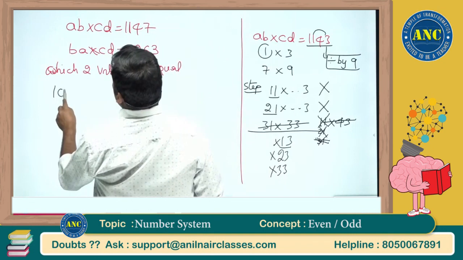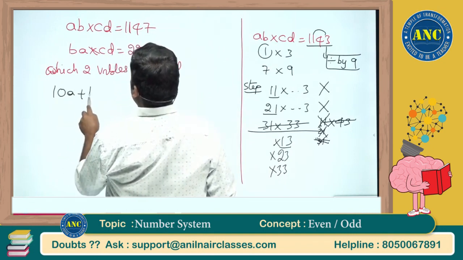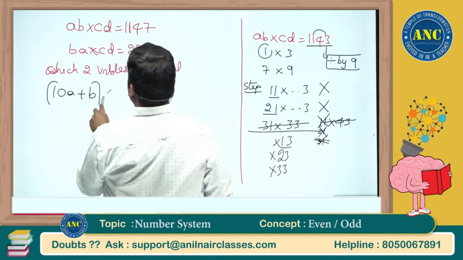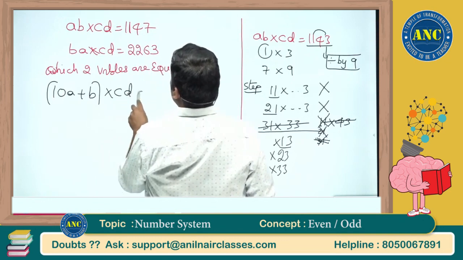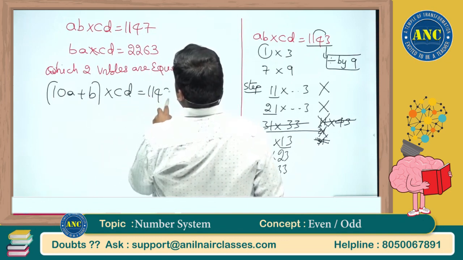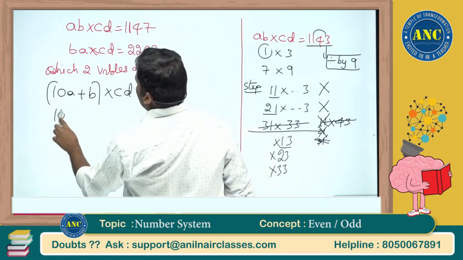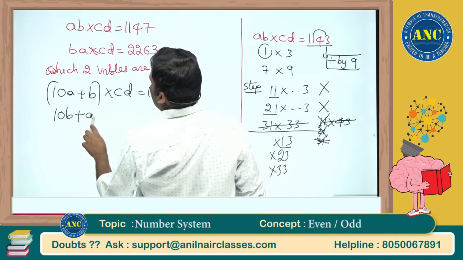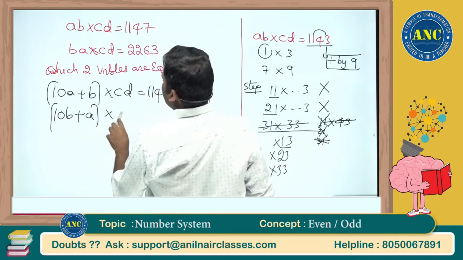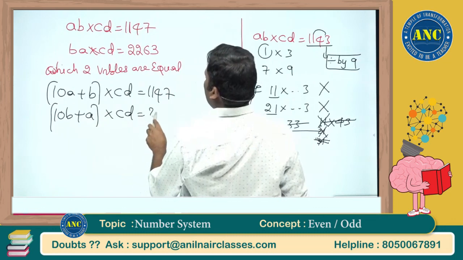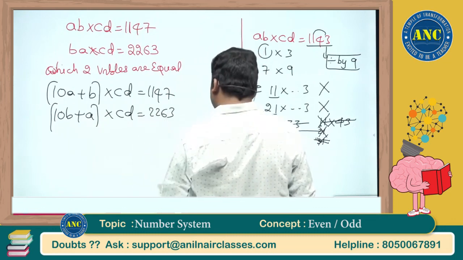Which two variables are equal? These 10A plus B into CD is equivalent to 1147. B is there in tens place. 10B plus A into CD is equivalent to 2263.